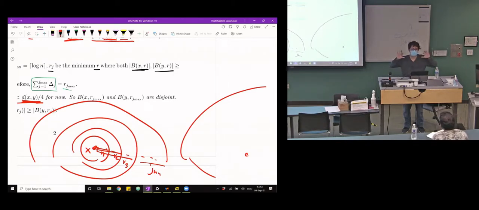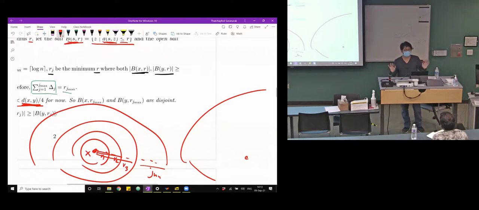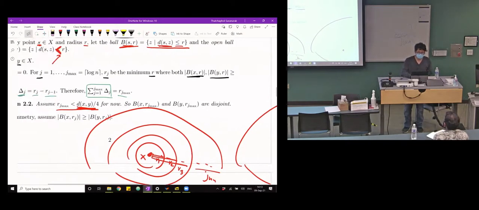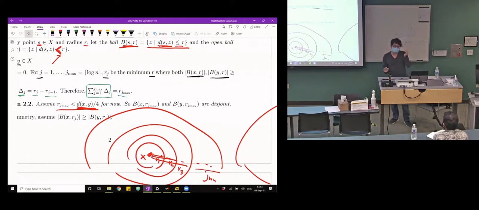These balls are still disjoint. That's all I want from this assumption. This assumption might not be true, but you will see that with just some small adjustment in the proof, it would be fine. So let's just take this for now.